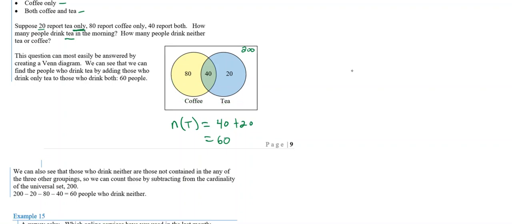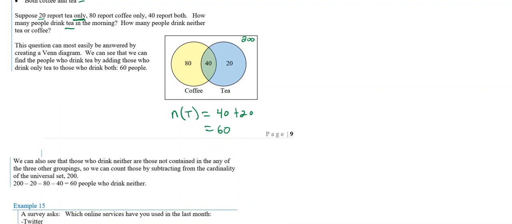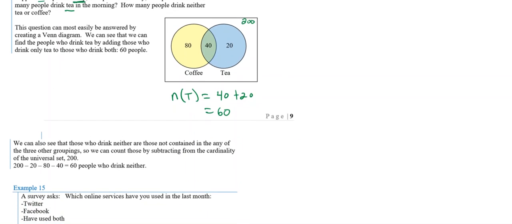So the number of people who drink neither tea nor coffee is just going to be 200 minus 20 minus 80 minus 40. Just subtracting these numbers out, what you're left with is 60. So just by coincidence, it's also 60. And then I write neither down in the bottom right corner.